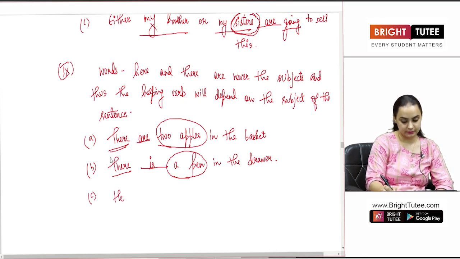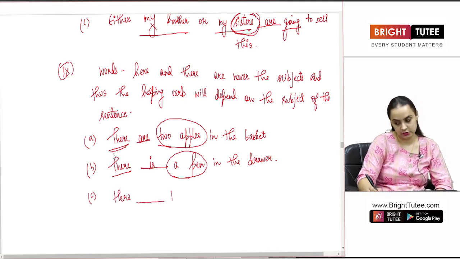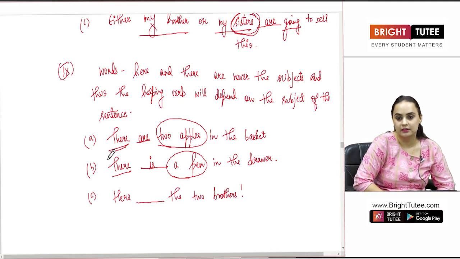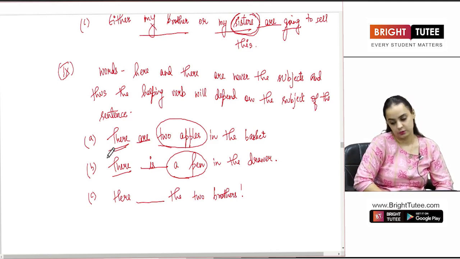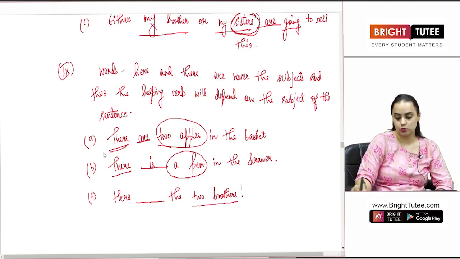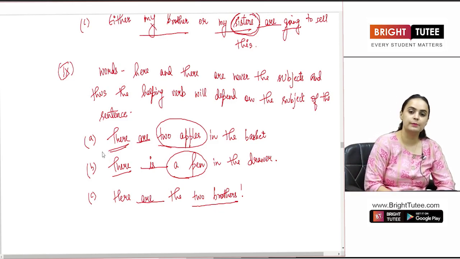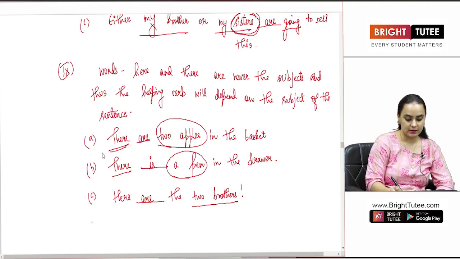Similarly, here are the two brothers. What is my subject? Two brothers, which is again plural. So I will use a plural helping verb, which is are.